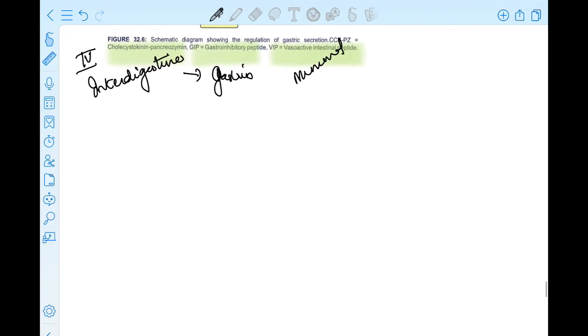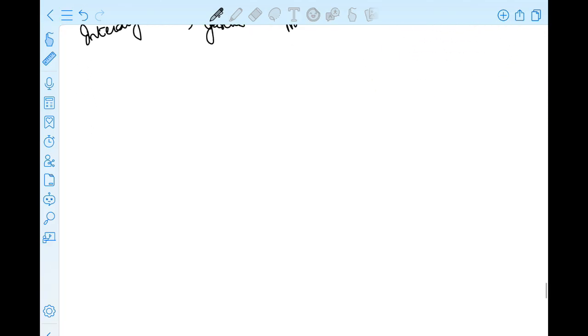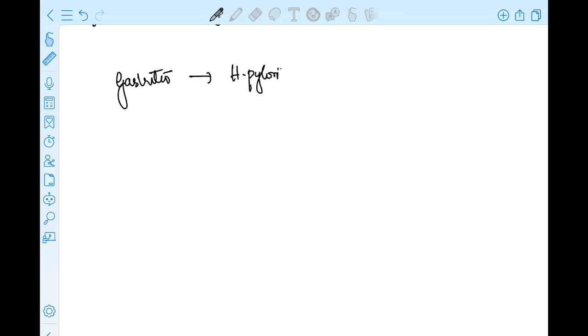Now let's see some important applied physiological problems. First one is gastritis. What is gastritis? It is the inflammation of the gastric mucosa. So this can be due to various reasons like H. pylori infection. Okay, it can be due to certain NSAIDs, which are drugs.